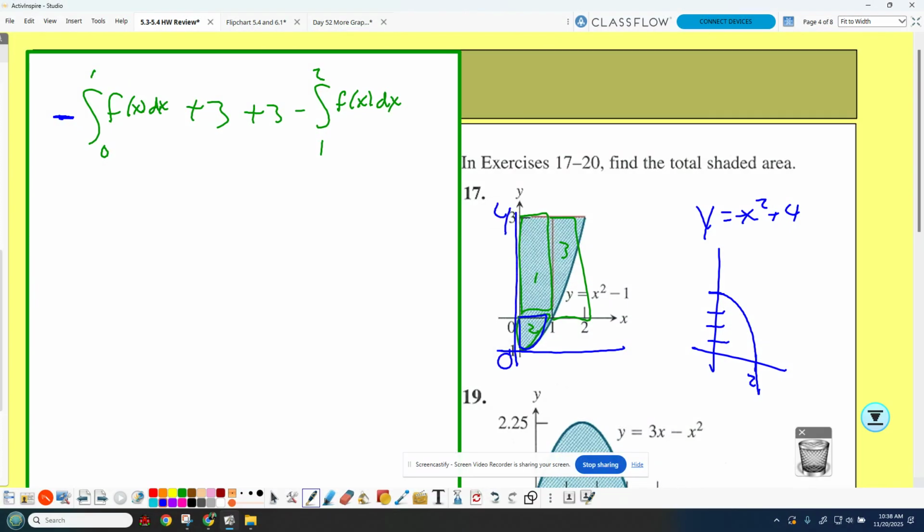How about I leave it as it is, but I integrate y equals x squared, where the height is 0 to 4.